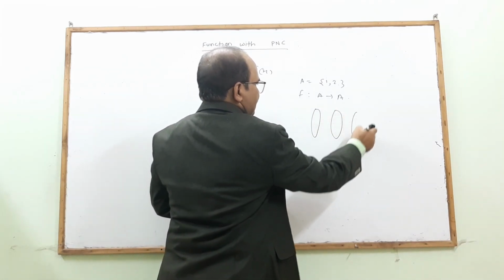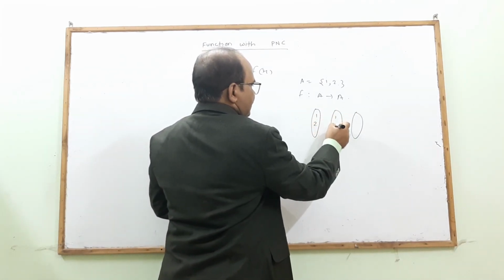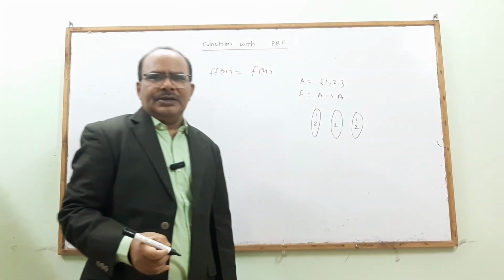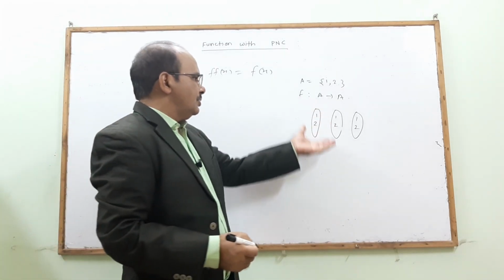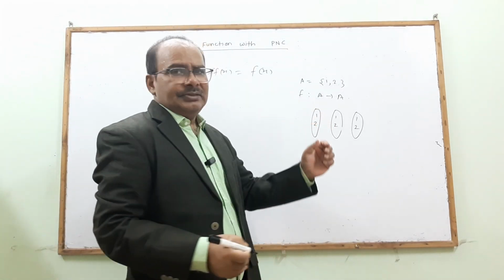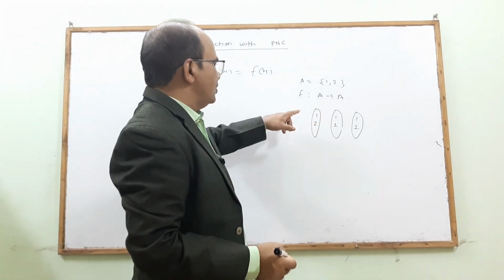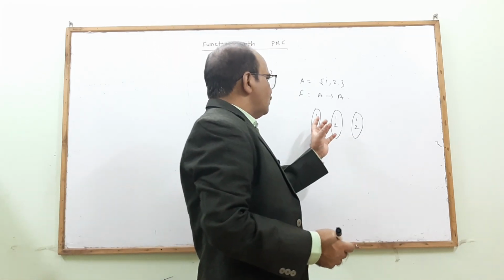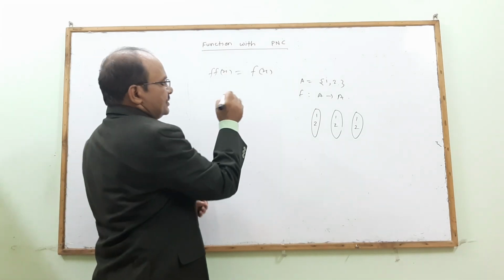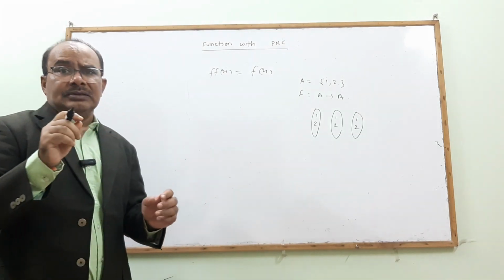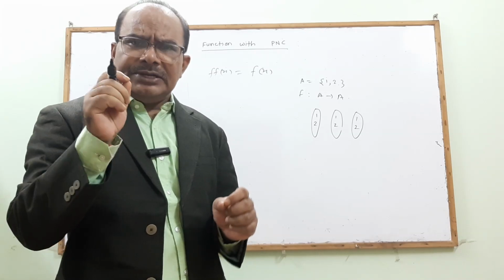If we write 1 2, 1 2, and say that in this function only one element is in the range, meaning the range of f(x) has only one element.